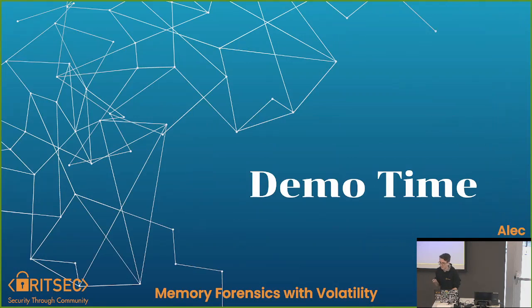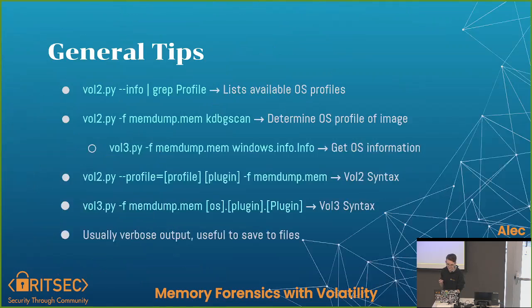So I'm gonna walk through some of the different plugins and how that looks and what you can do with that. I'm gonna be looking at the Volatility 3 plugins just for brevity's sake. But some general tips, you can look at the different profiles for Volatility 2 with that command. You're looking at info and then just scrubbing for a profile.